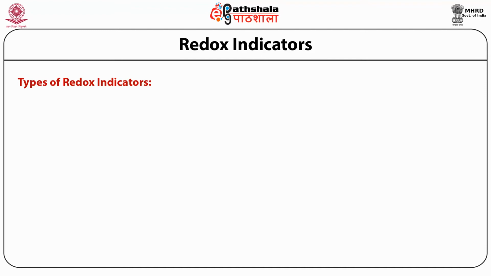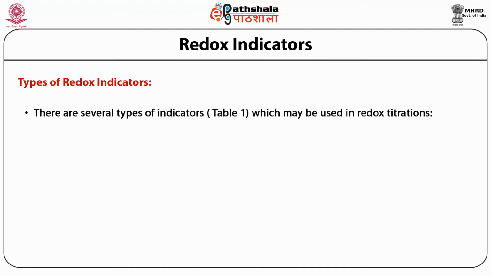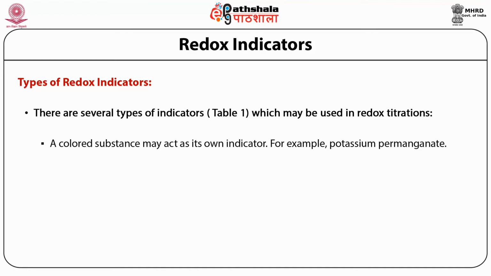Now we discuss the redox indicators. The redox indicators are of several types which may be used in redox titration. A colored substance may act as its own indicator. For example, potassium permanganate solutions are so deeply colored that a slight excess of this reagent in a titration can be easily detected.